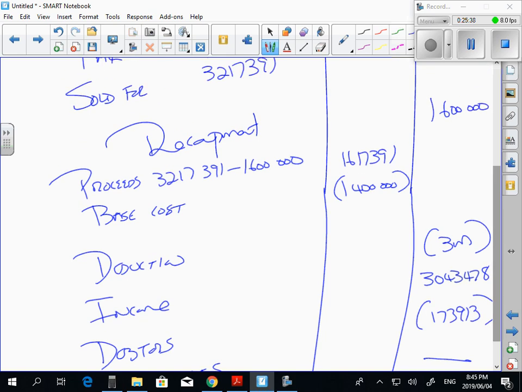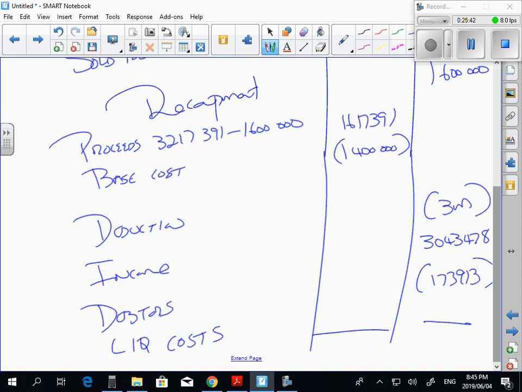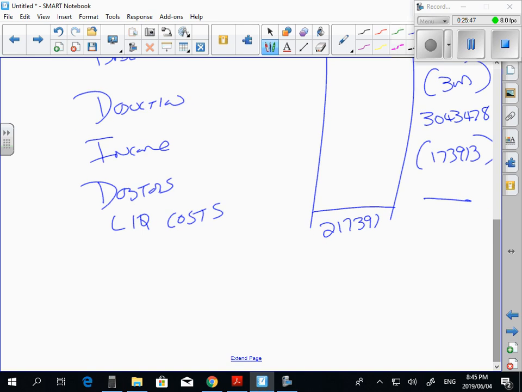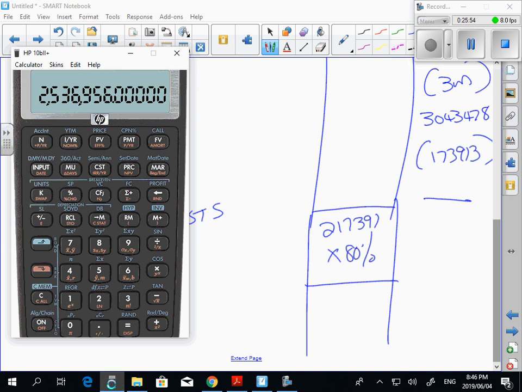So, guys, essentially what we've got to do is we've made a CGT profit. How much? 217,391 times 80% because it's in the company. Times by 0.8. Put that in there. 174,349. Okay.